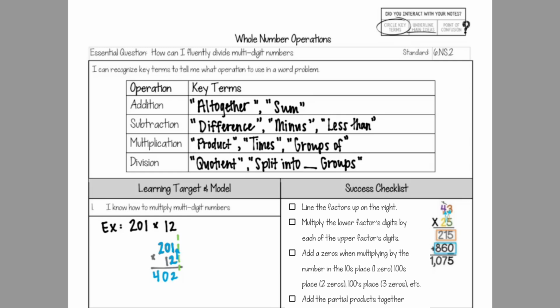Then when moving to the next digit in the tens place, I need to add a 0 as a place value holder.